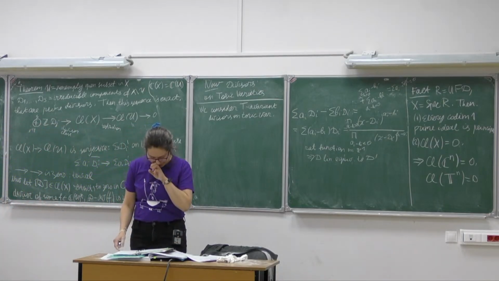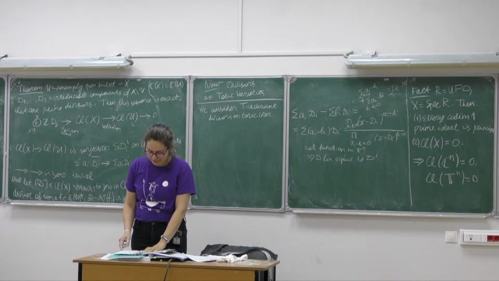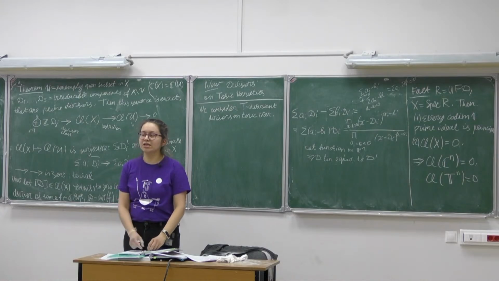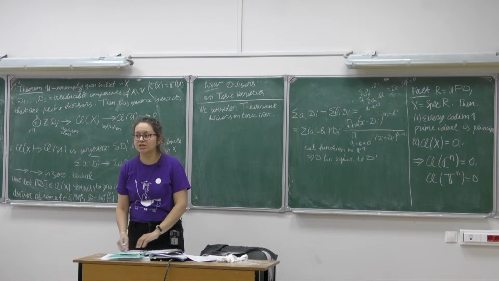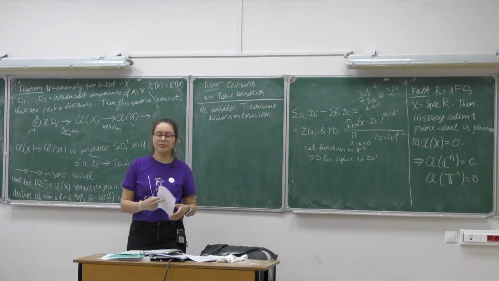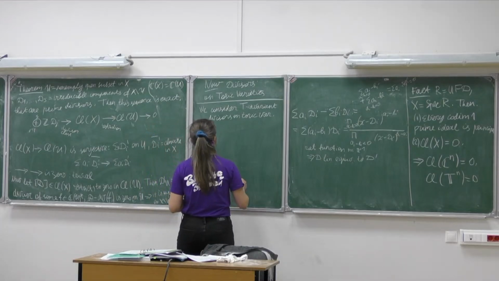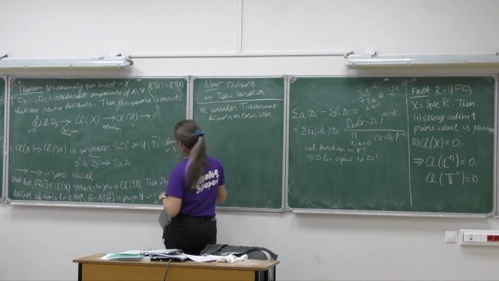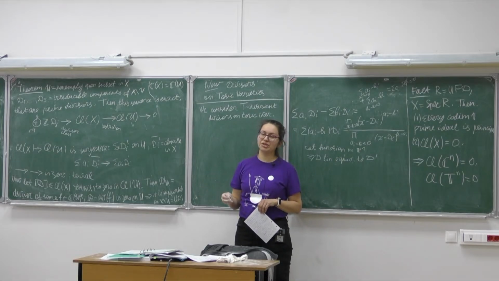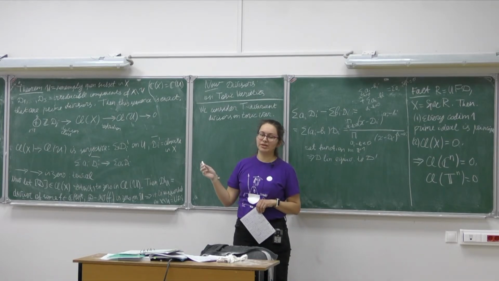Okay. So first of all, what are the divisors? What are the T-invariant divisors on our toric variety? We said that we had the orbit-cone correspondence. I hope that if you missed it, you know at least something.